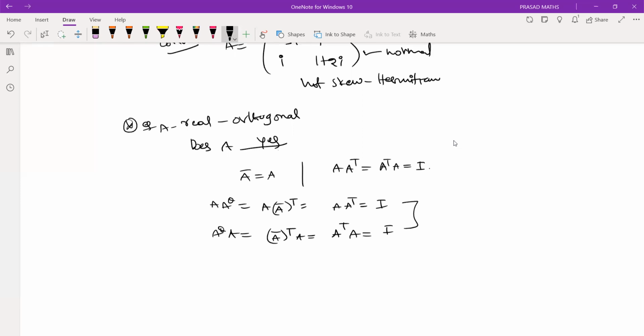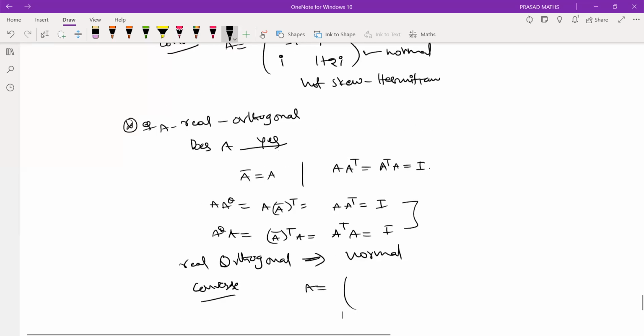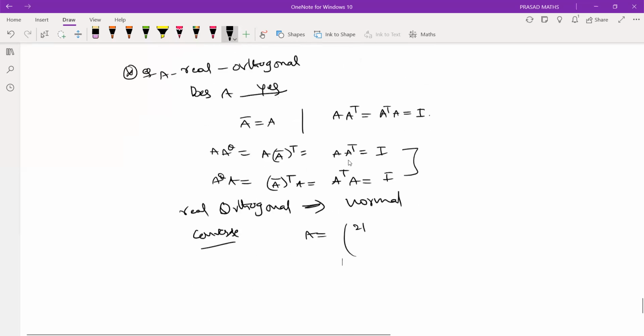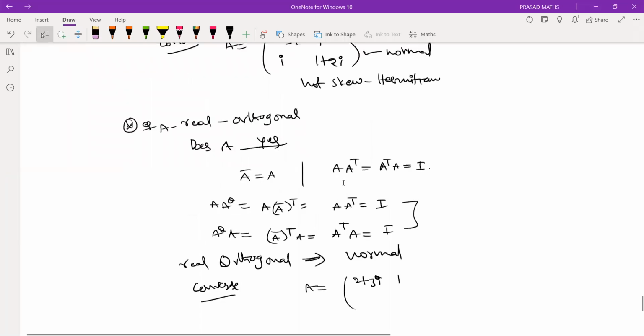Now my question, what about the converse? A real orthogonal matrix is normal, you have seen this. Look at this example: 2 plus 3i, 1, i, 1 plus 2i.